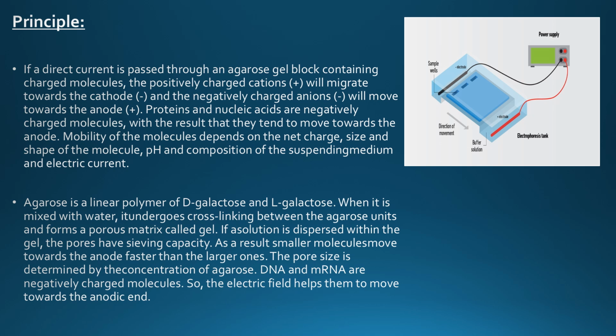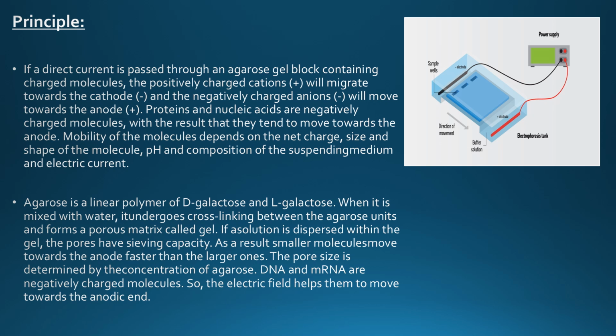Agarose is a linear polymer of D-galactose and L-galactose. When it is mixed with water, it undergoes cross-linking between the agarose units and forms a porous matrix called gel. If a solution is dispersed within the gel, the pores have sieving capacity.